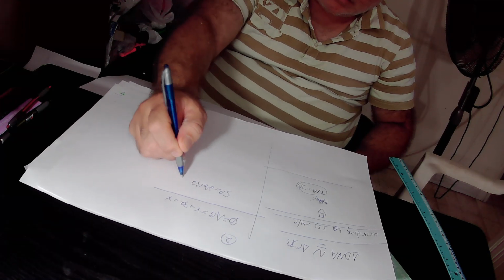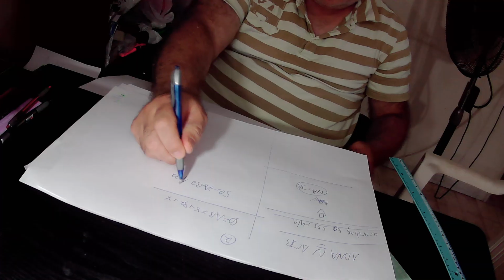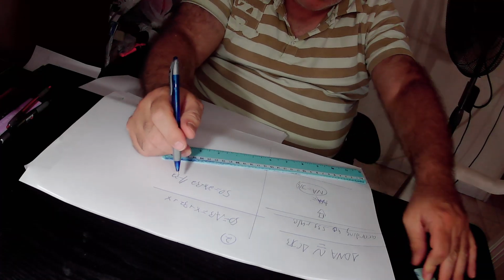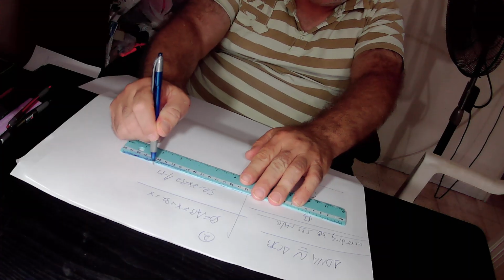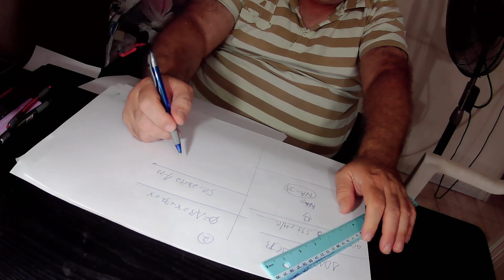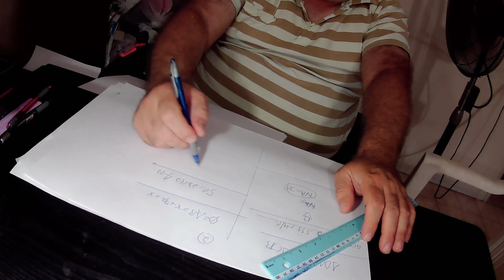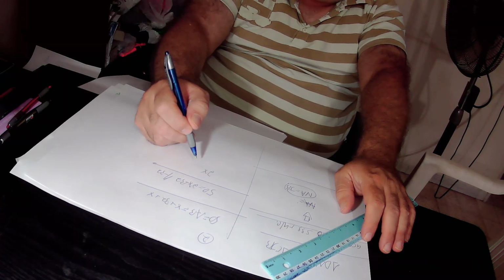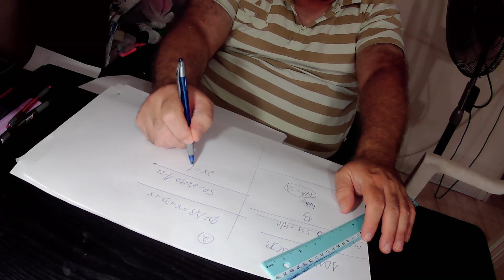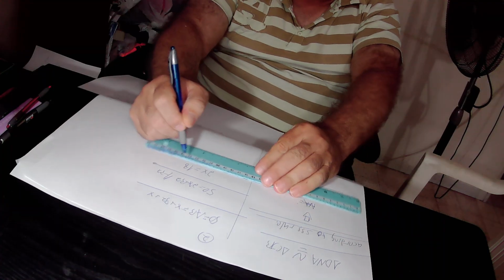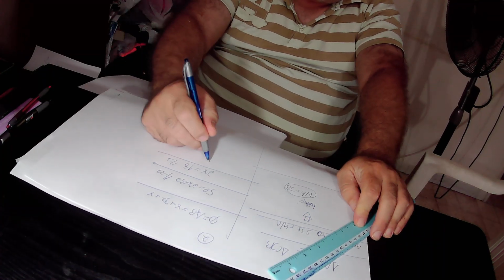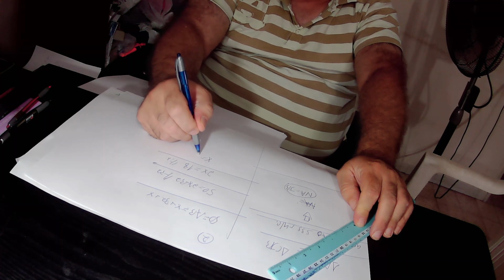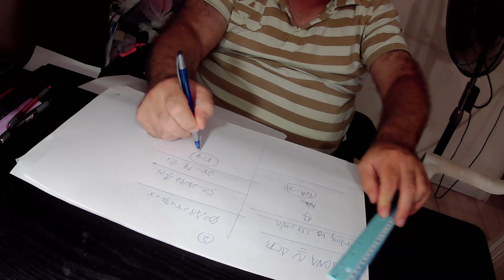Here we subtract 32 from the equation, and finally we get that 2x equals to 50 minus 32 is 18, so 2x equals to 18. Here we divide this equation by 2, and finally we get that x equals to 18 over 2 is 9, so x equals to 9 units in itself.